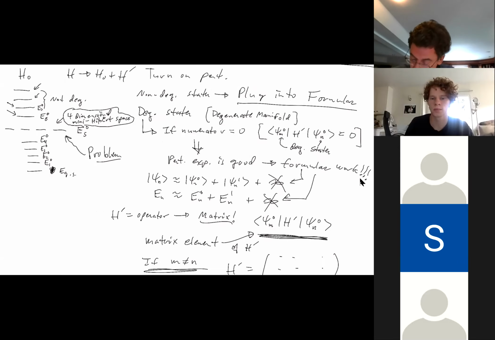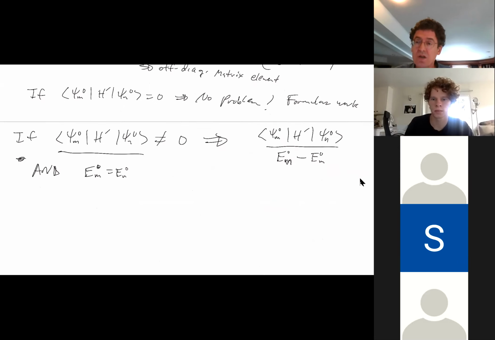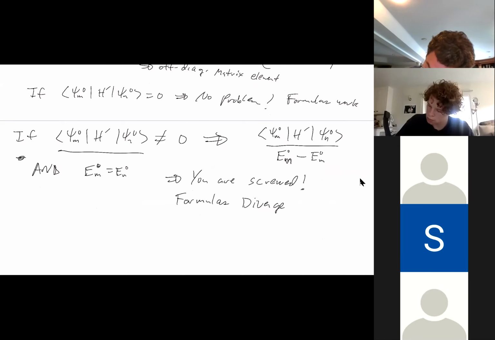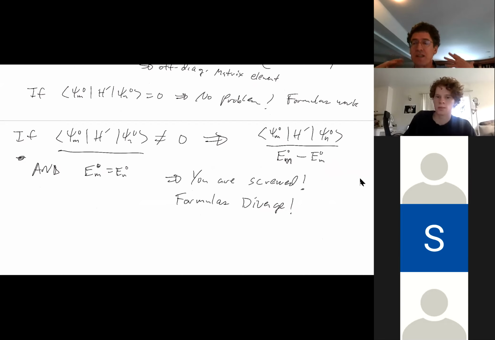And if both are true, you are screwed, because the formula diverges. All that we know is the perturbation expansion formulas. Your formulas diverge.